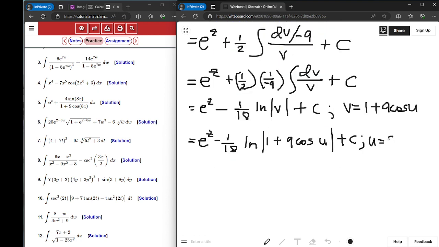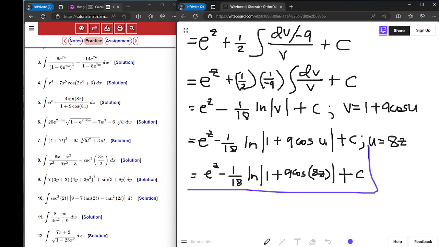So that's 8z. Therefore, our final answer is e to the z minus 1 over 18 ln of 1, or the natural logarithm of 1 plus cosine of 8z plus c.